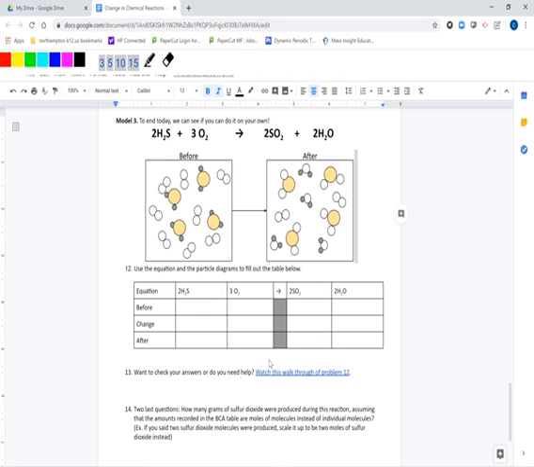Because remember, this is before the reaction has occurred. So before the reaction starts, we don't have any sulfur dioxide or water. So I'm going to mark these with zeros because we have 0 molecules of SO2 or water.